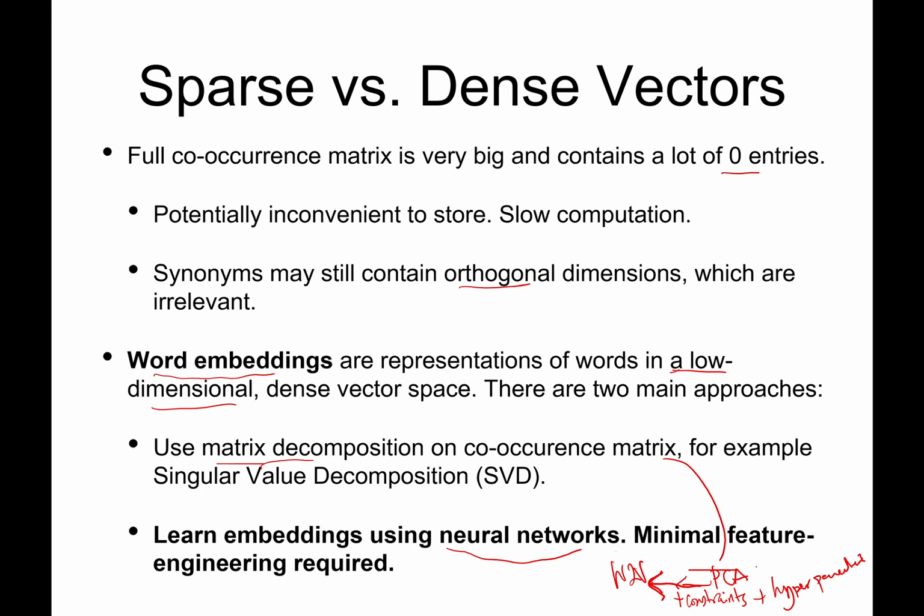Why is this an important paper? Because before that there was another paper called, if I remember well, something like "Don't Count, Predict." And I think it was by Marco Baroni, if I'm not mistaken, which showed that predict, which is what word2vec does, is much more powerful than count, which is what PCA does.